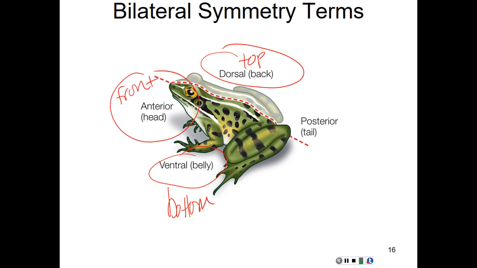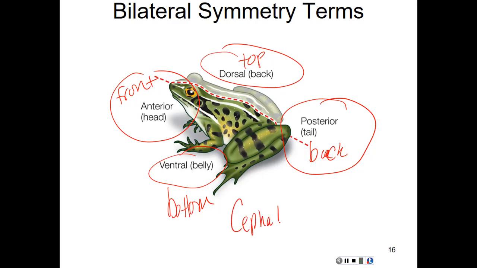And the posterior, we might call the tail end, or the back of the animal. One of the things we see very strongly correlated with bilateral symmetry is something called cephalization. Cephalization is the concentration of brain and sensory organs towards the anterior end of the animal.